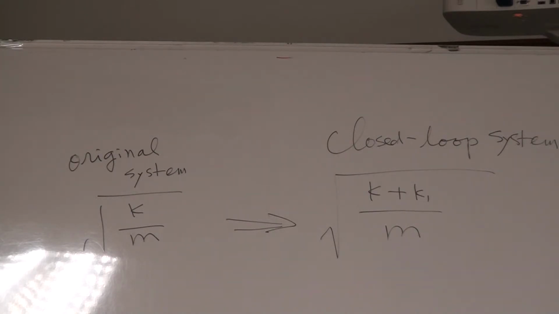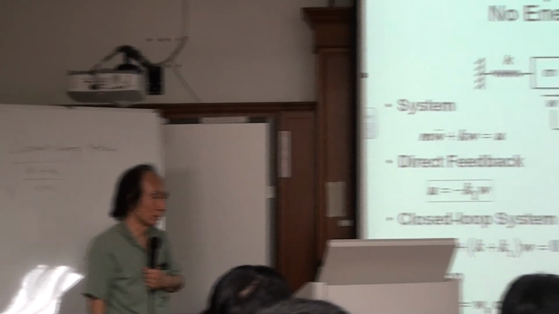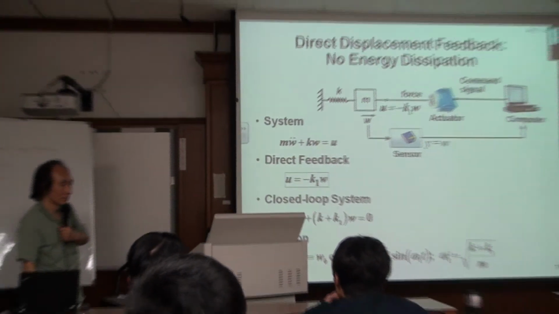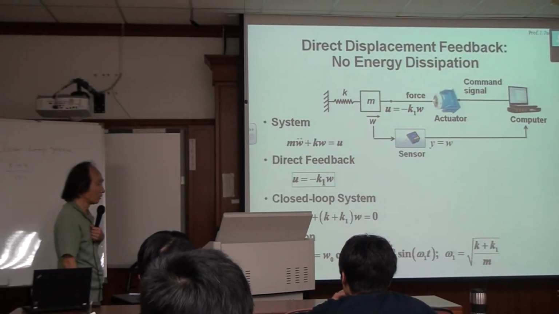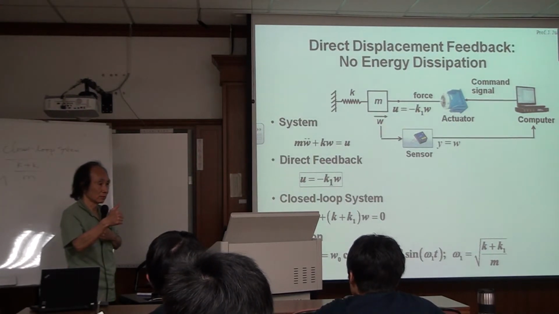If this is a positive value, then does my frequency increase or decrease? Do I increase my frequency or do I reduce my frequency? With K1 larger than 0, you increase your frequencies.